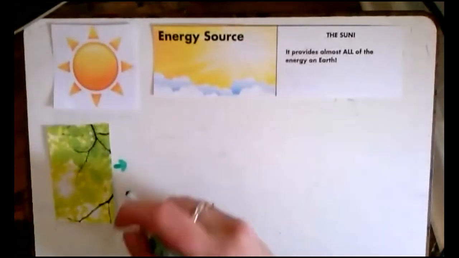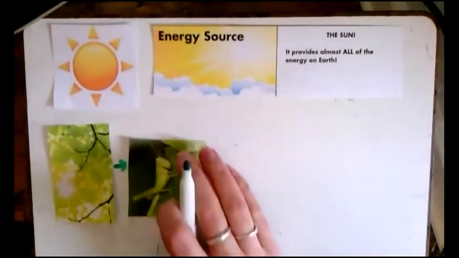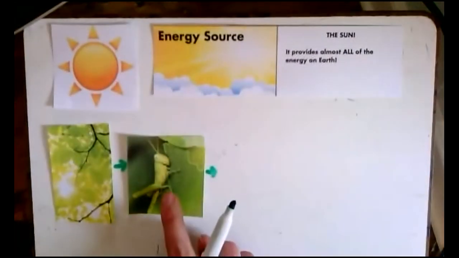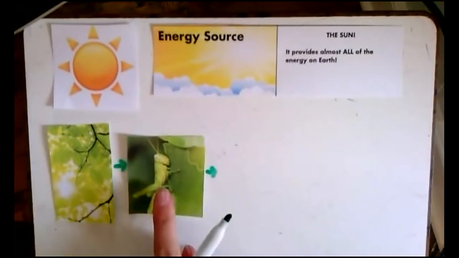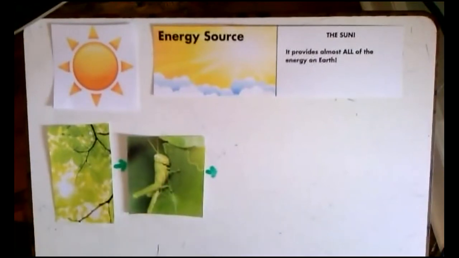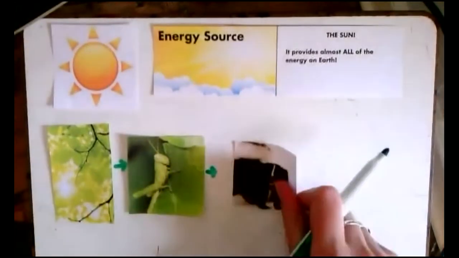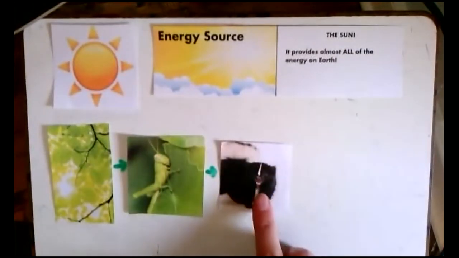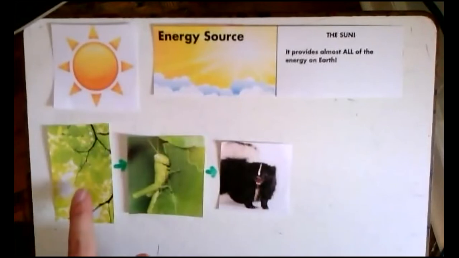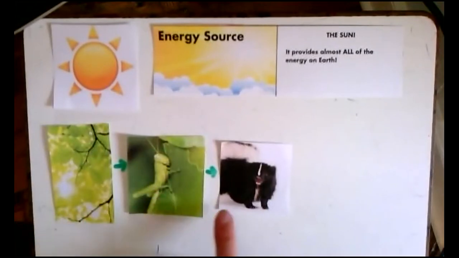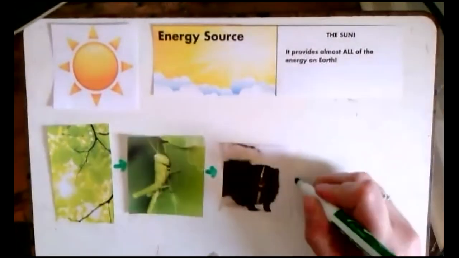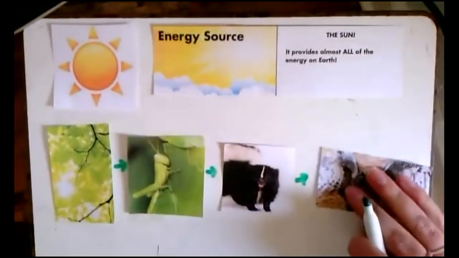So for example, the sun gives its energy to the plants. The plant then is eaten by a grasshopper, and he's now absorbed the energy from the leaves by eating it. Then the grasshopper is eaten by a skunk. So the skunk has now absorbed the energy that was given to the plant, eaten by the grasshopper, and then eaten by him. And then the skunk is eaten by an owl.